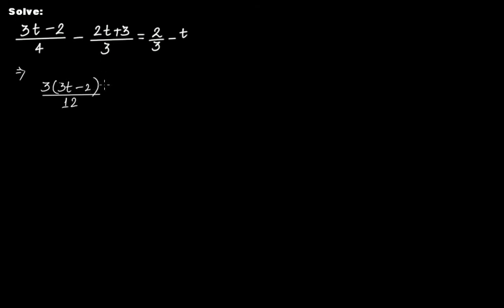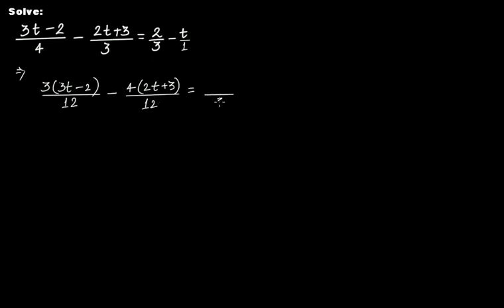Be very careful when you are taking the LCM and then multiplying the quotient with the numerator when you have expressions in the numerator. It's very, very important. If you want 12 here, write 12. 12 divided by 3 gives you 4 as a quotient. 2t plus 3 is equal to, this is what actually? t by 1. So the LCM of 1 and 3 gives you 3.